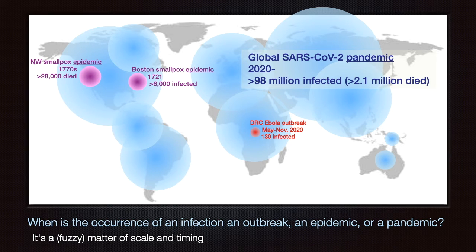Again, a significant fraction of the population. These were longer, these were larger epidemics or outbreaks of disease, and so we would term these an epidemic. And finally, the pandemic, global SARS-CoV-2 pandemic, COVID-19. You can see the scale is much larger in terms of case rates, fatalities, and global spread.